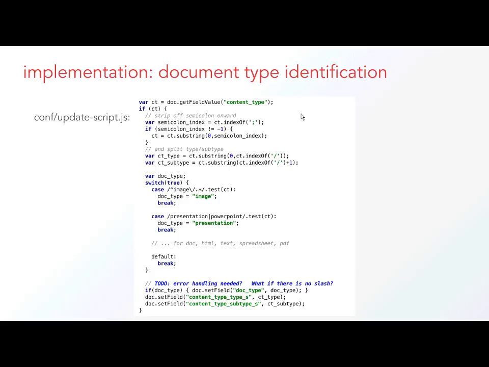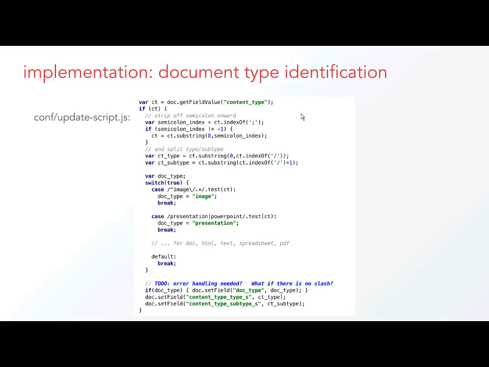So we get doc, HTML, text, spreadsheet, and PDF. Those are the high-level types that we currently support. If it's not any of those, then the document will not have a doc type field assigned to it. Only one of those 5 values will be present on the document, if at all.